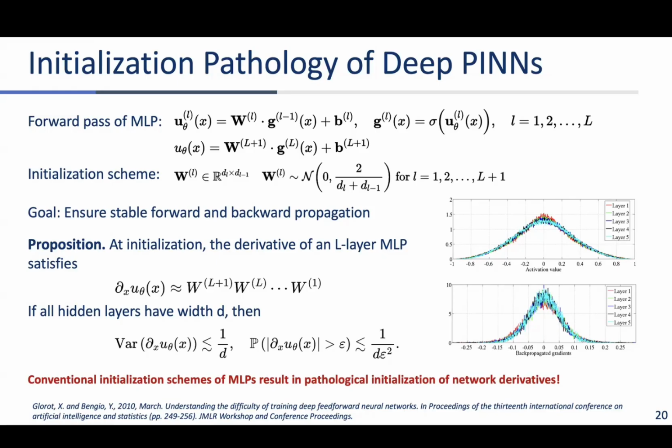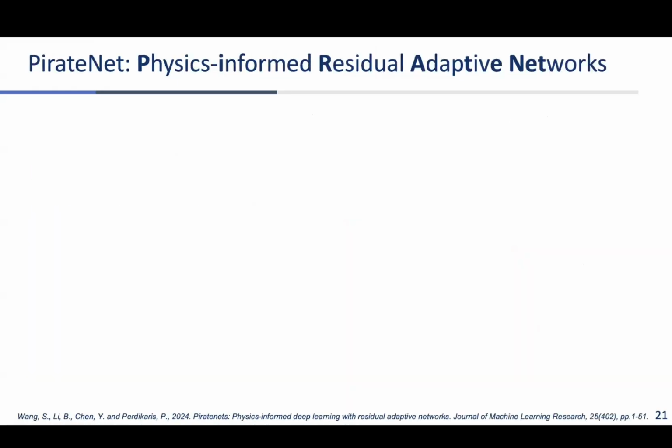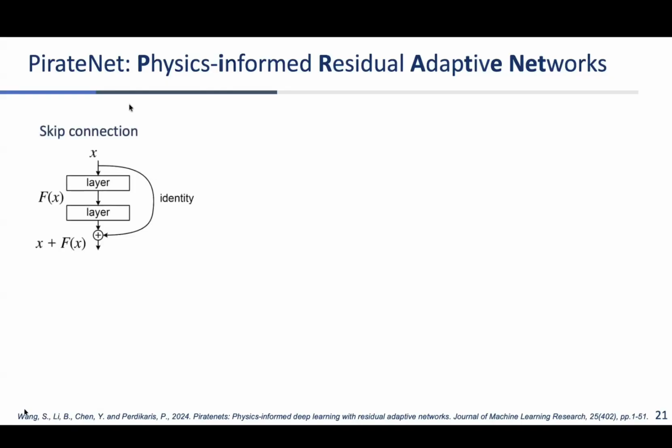To address this issue, we invented a new architecture called PirateNets, which stands for physics-informed residual adaptive network. I don't want to go over the full technical details, but I want to convey the high-level ideas. It is different from the conventional skip connections.